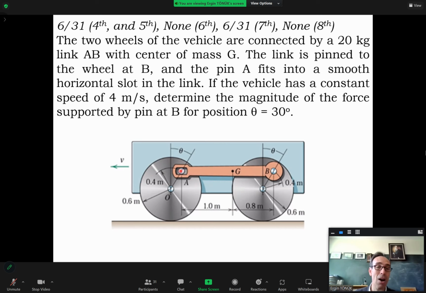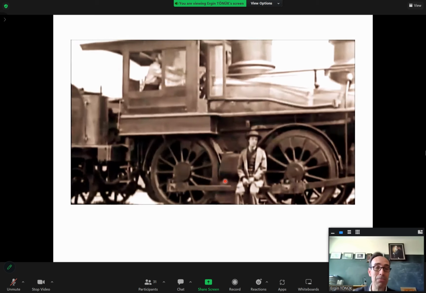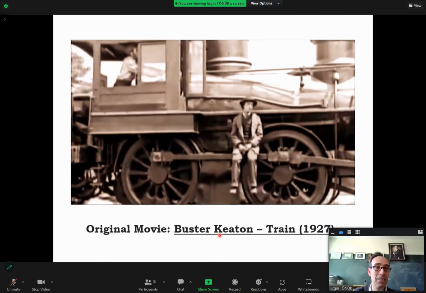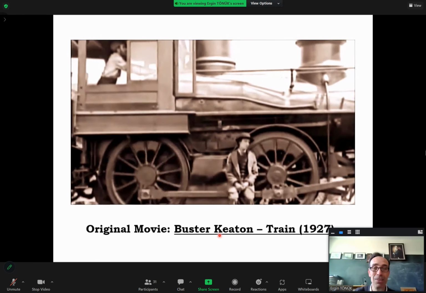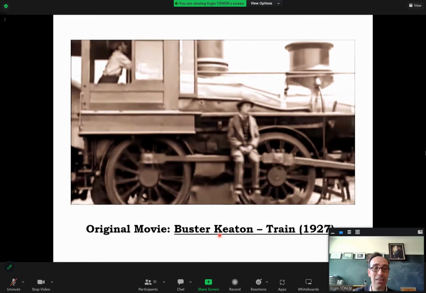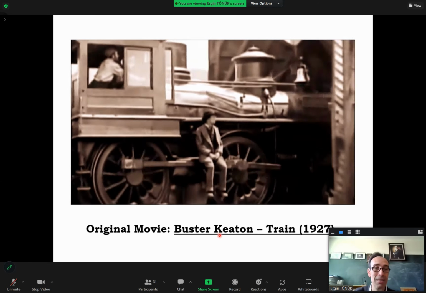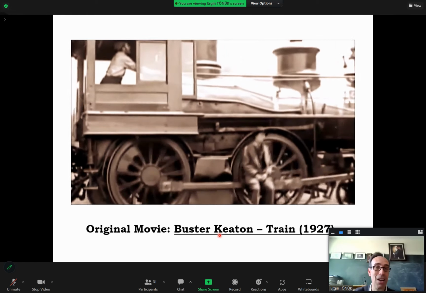And let's see how this connecting rod moves from a rather old movie by Buster Keaton. You see, that's another connecting rod. And the locomotive travels to the right, or if you like, it may travel to the left.